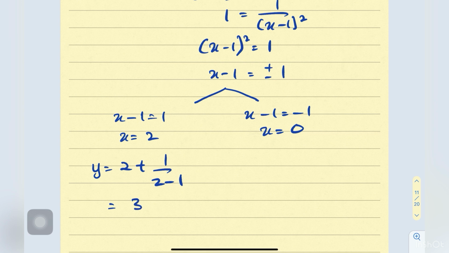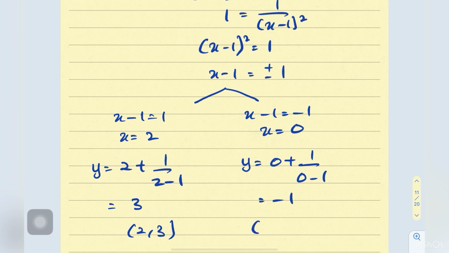So the first coordinate is (2, 3). For this one, substitute x equals 0: 0 plus 1 over 0 minus 1, so negative 1. Therefore, the second coordinate is (0, negative 1).